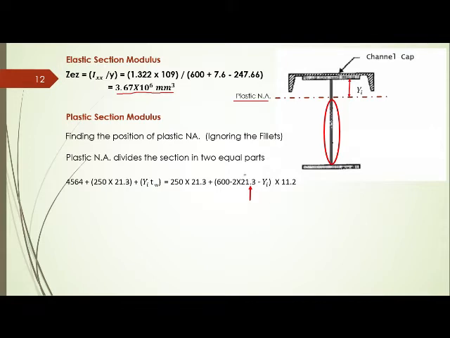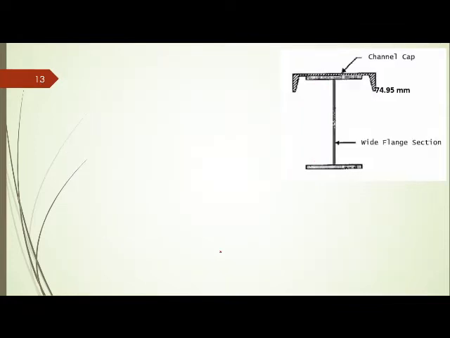So this is 600, the total, minus 2 into 21.3, that is we have subtracted the thickness of two flanges to get the inner distance of the web, and we have subtracted this one YI and multiplied by 11.2, which is the thickness TW, and we have calculated the value of YI here, which is coming as 74.95 millimeter.